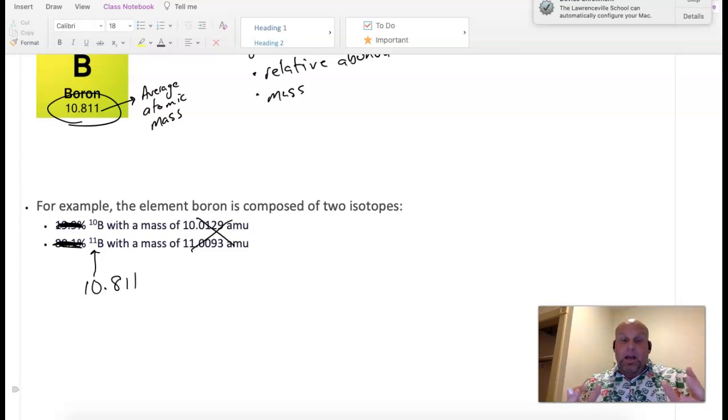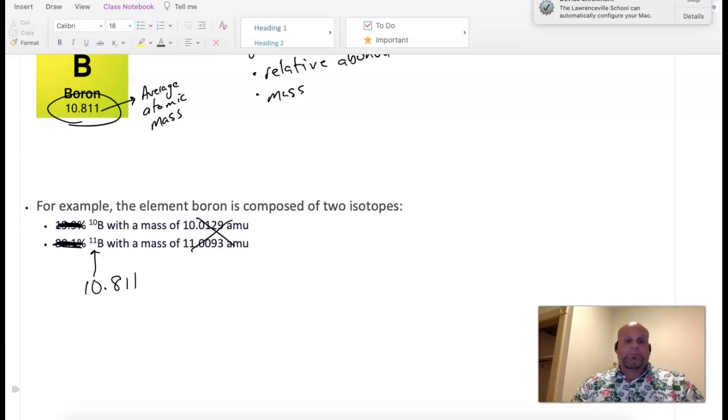Often the isotopes that you'll find have really high percent abundance values. So you might have one isotope that's in the 90% and then other isotopes that are fractions of that. So it sometimes becomes quite clear which of the isotopes happens more often and therefore would have a higher abundance.